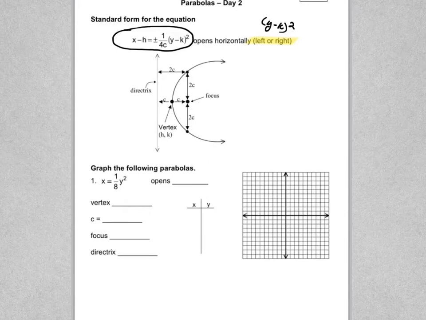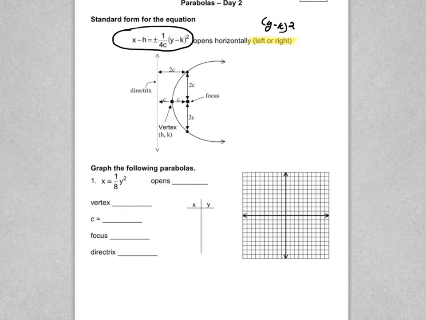Remember, the standard form of the parabola or the parent function is y equals x squared. That's what you've been used to seeing. So this is different. It's x equals y squared. But it's the exact same method for solving it. You've got a directrix that is c spaces away from the vertex, a focus that is c spaces away from the vertex.